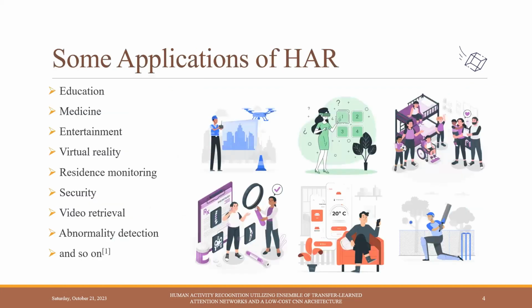And there are so many applications of human activity recognition, I mean, where you can apply it. For example, you can use it in education, in medicine, in entertainment, for security reasons, from human monitoring or surveillance monitoring to medicine, like fall detection or other sorts of applications like that. We can use human activity recognition.